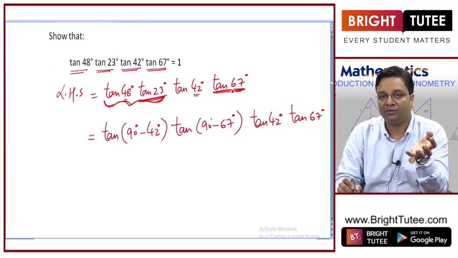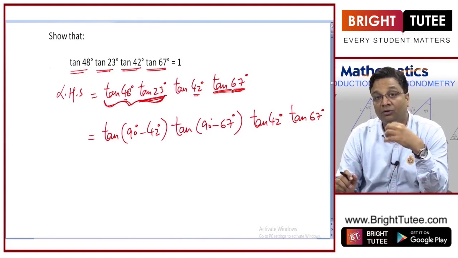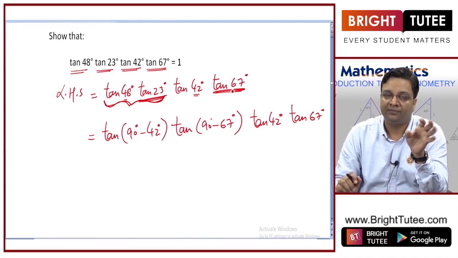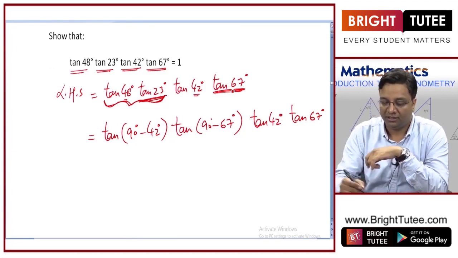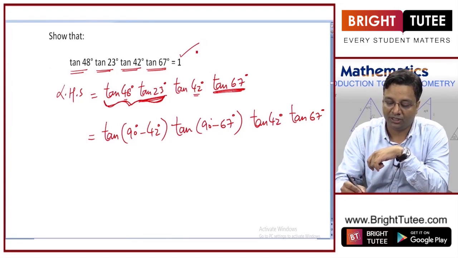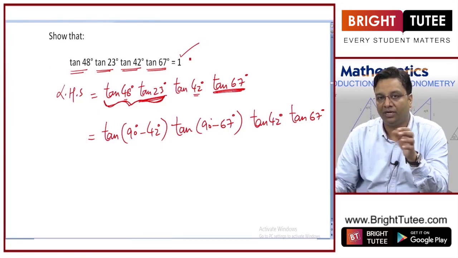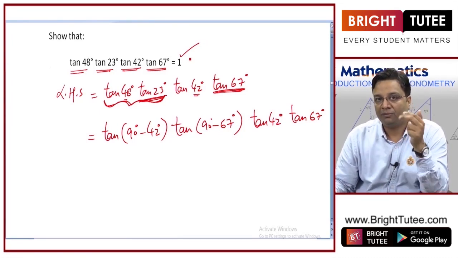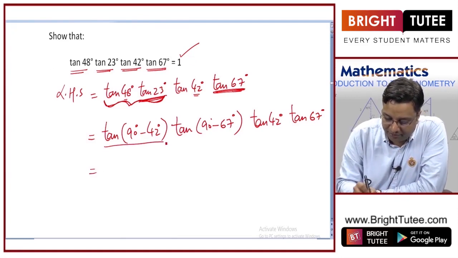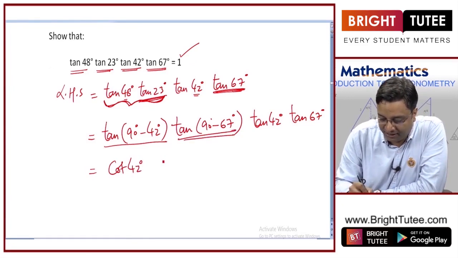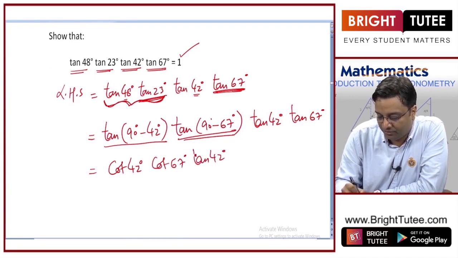So in the beginning of the question you will get the sense of how to proceed. In trigonometry it is really easy because you most of the time know the answer first, because in this question you know that the answer will be 1, right? So you have to approach the question from the point of view of the answer. So let's look at it. 90 minus 42 will give you cot 42. 90 minus 67, cot 67. Tan 42, tan 67.